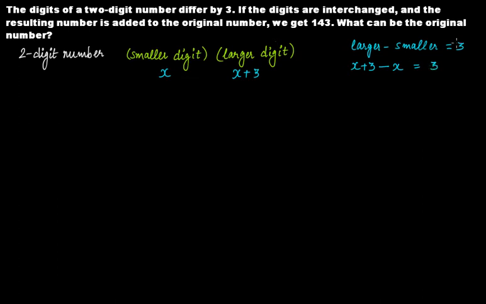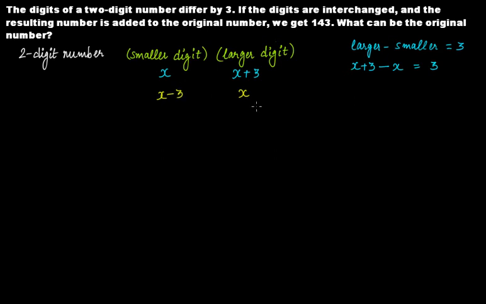Now, some of you will ask that here you have taken x as the smaller digit, therefore x plus 3 will be the larger digit. What if we take x as the larger digit? In that case, your smaller digit will be 3 less than this, that is x minus 3.